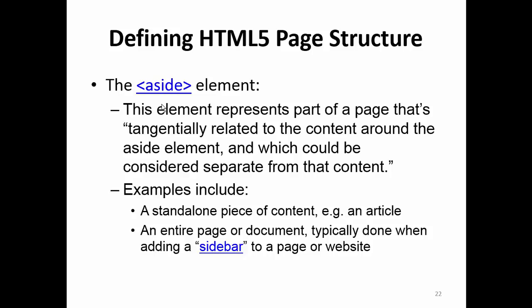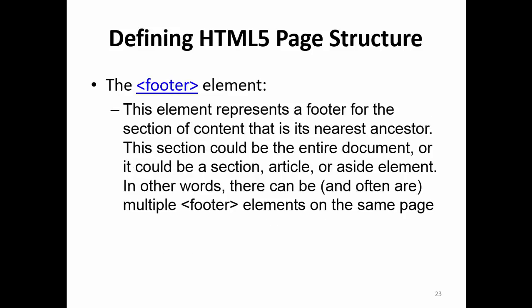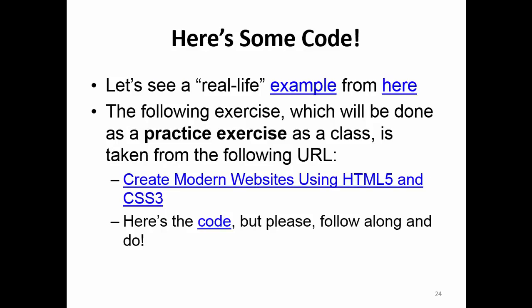But then along the side, maybe on the left-hand side or the right-hand side, there's another article that talks about the shooter's earlier life or maybe one of the victims. That's an aside. It typically was called a sidebar back in the days of newspapers. And a footer: whereas a header is usually stuff at the top, a footer is usually stuff at the bottom.